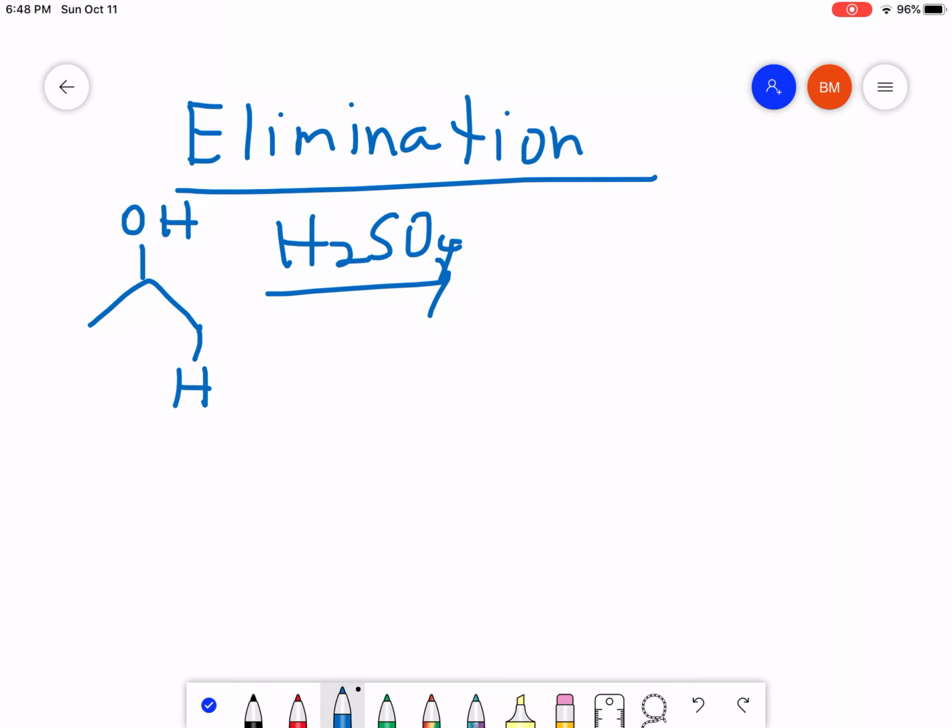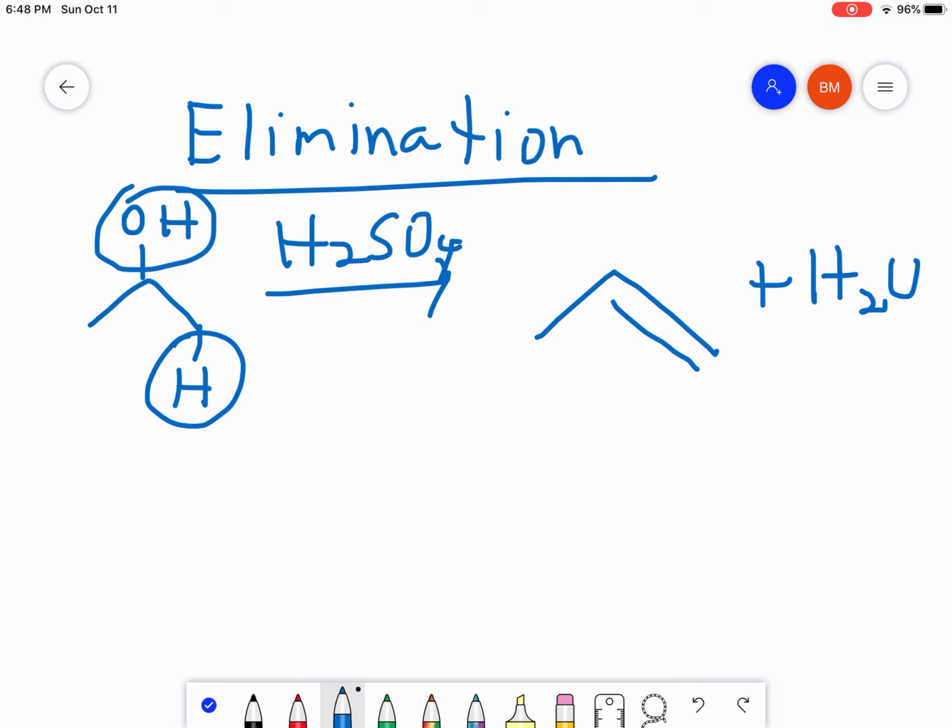And that's what you do. You end up making an alkene. You see, you have eliminated this OH, and you've eliminated this H. If you count the H's on the last carbon, you'll see that we originally had 3, and now we lost 1. You also form H2O, water, as a byproduct of this reaction. So we've eliminated water from this molecule.